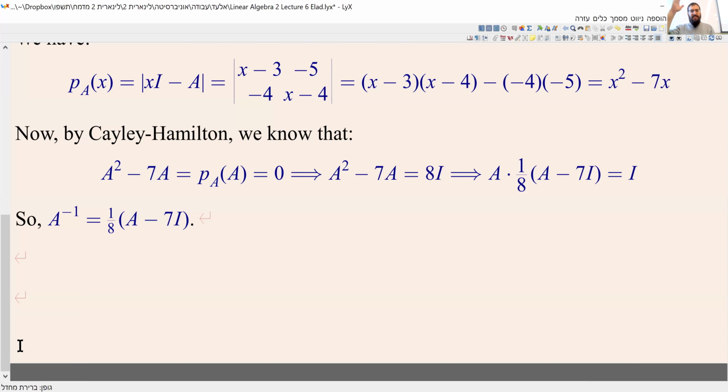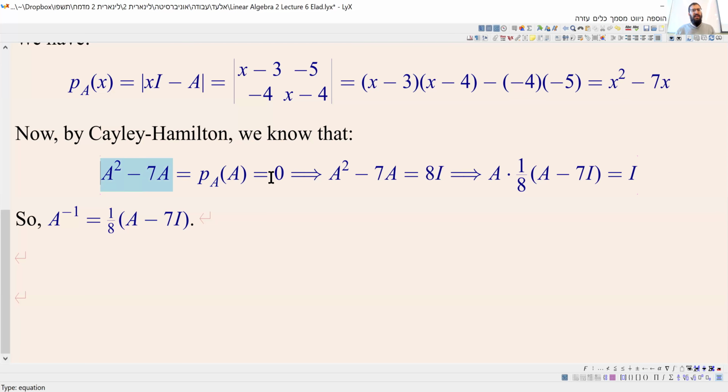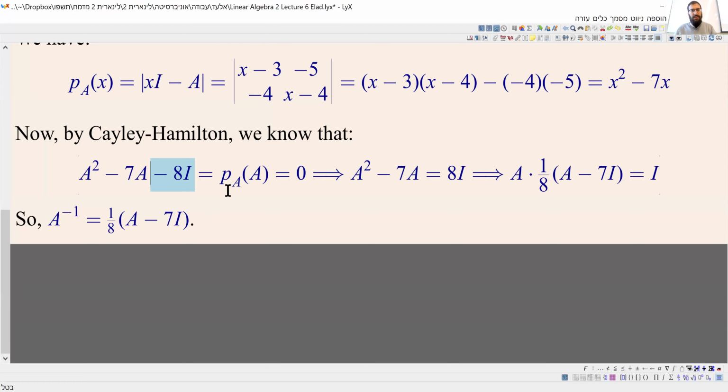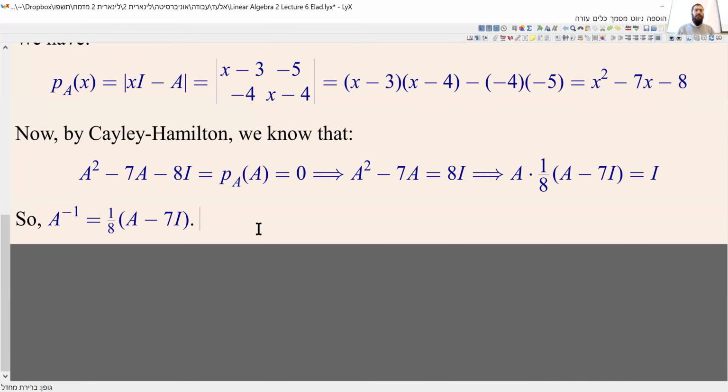If we did not have this 8, we get A squared minus 7A is 0. We know automatically that when a matrix is a zero divisor, it cannot be invertible. It doesn't have an inverse. Let's Control Z this back to the original.